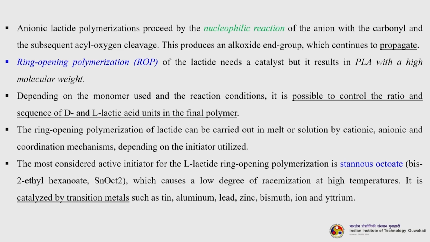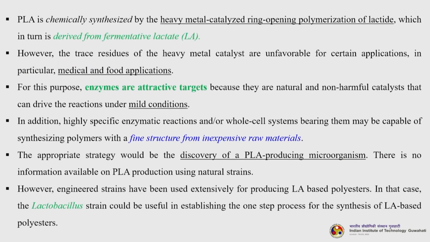The most considered active initiator for the L-lactide ring opening polymerization is stannous octoate, which causes a low degree of racemization at high temperatures. It is catalyzed by transition metals such as tin, aluminum, lead, zinc, bismuth, iron and yttrium. PLA is chemically synthesized by heavy metal catalyzed ring opening polymerization of lactide, which in turn is derived from fermentation lactate.